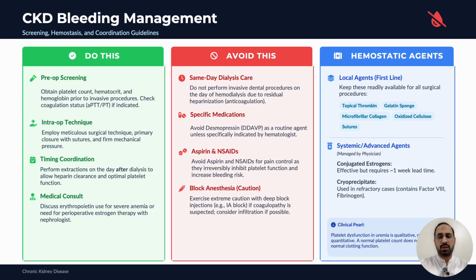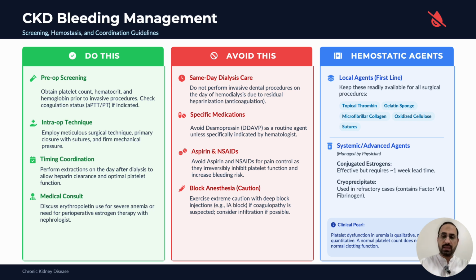So let's talk about hemostasis, which is very important in association with chronic kidney disease. A vital clinical pearl to remember: platelet dysfunction in uremia is qualitative, not just quantitative. Meaning the platelet count decreases and also their function. So this means a normal platelet count does not guarantee normal clotting.